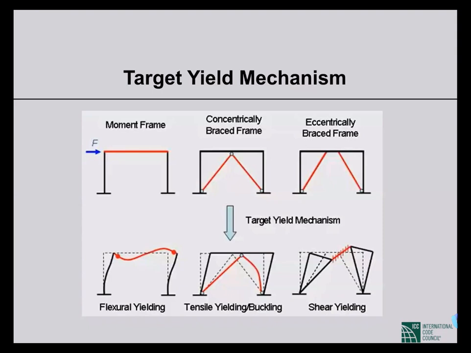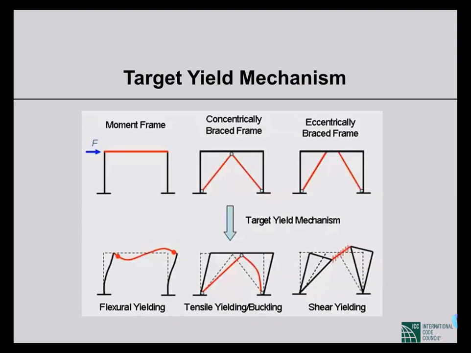In the case of concentrically braced frames, the understanding is a bit different. We want to have some structural fuse through which the energy will be dissipated while it retains the vertical load carrying capacity. In that case, we want the bracings to act like fuses.